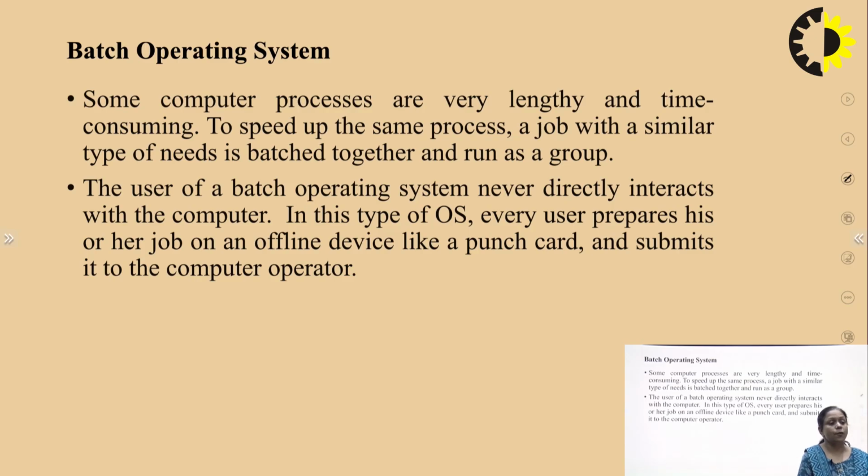The role of the computer operator is very crucial, because users cannot directly perform jobs on the computer. They need to contact the computer operator. Only the computer operator can submit the job to the computer for processing. So this type of operating system is known as a batch operating system.